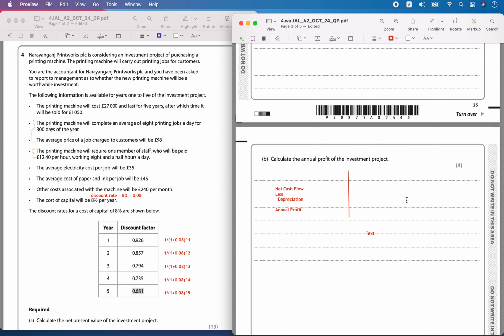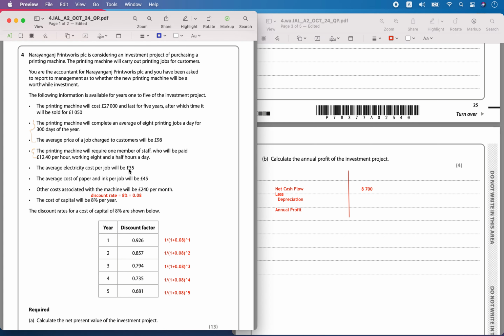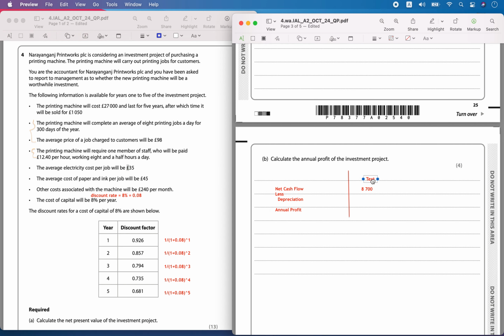That is 8,700 pounds here. Then depreciation amount we have to calculate here.